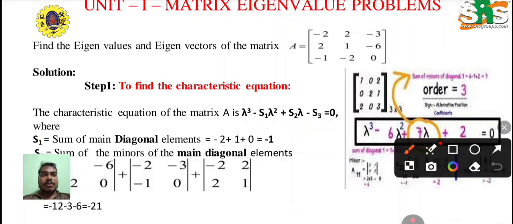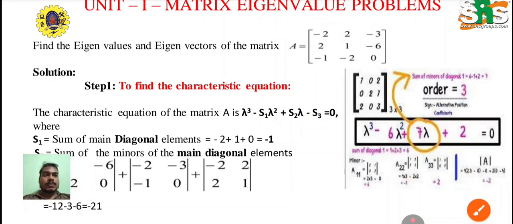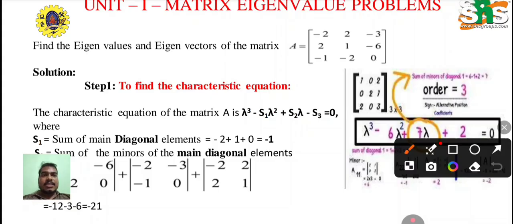The minor of the first element, minus 2, we calculate by hiding the first row and first column, then taking the determinant of the remaining elements. Plus the minor of 1, which means hiding the second row and second column, and the determinant of the remaining values.